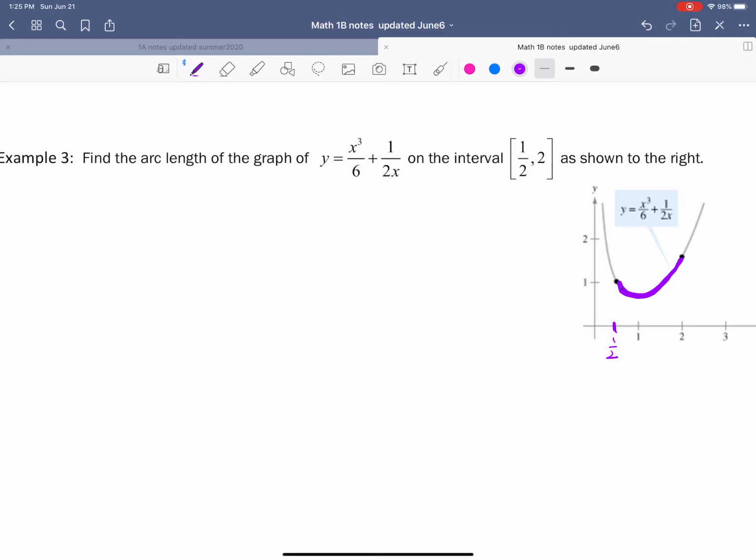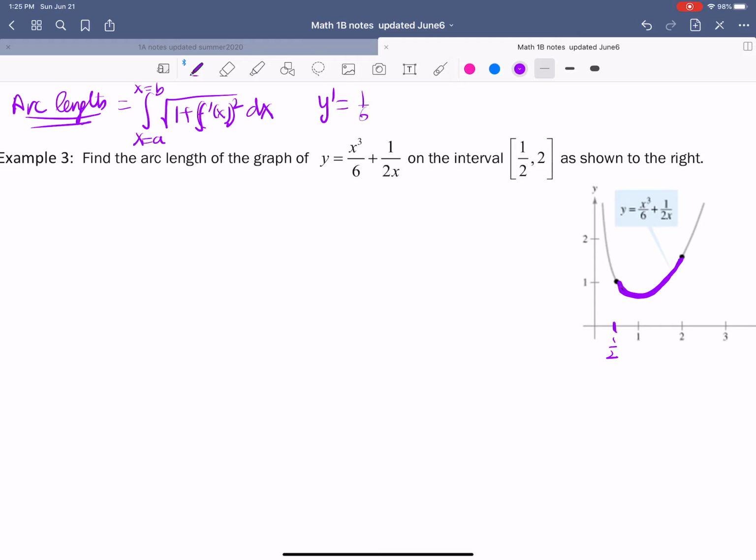So first of all, my formula for arc length. Remember, we are given y as a function of x. So arc length is the integral from x equals a to x equals b of the square root of 1 plus f prime of x squared dx. Here I'm given the y, so let's go ahead and find y prime, which is f prime of x.